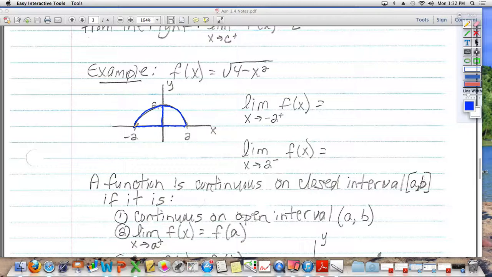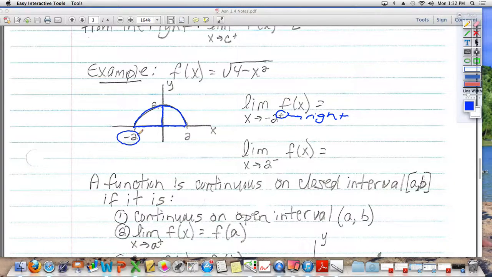So the question here is, what is the limit of this graph as we are approaching -2 from the right? So you need to know where is -2. We are approaching this x value of -2. We are coming in from the right.